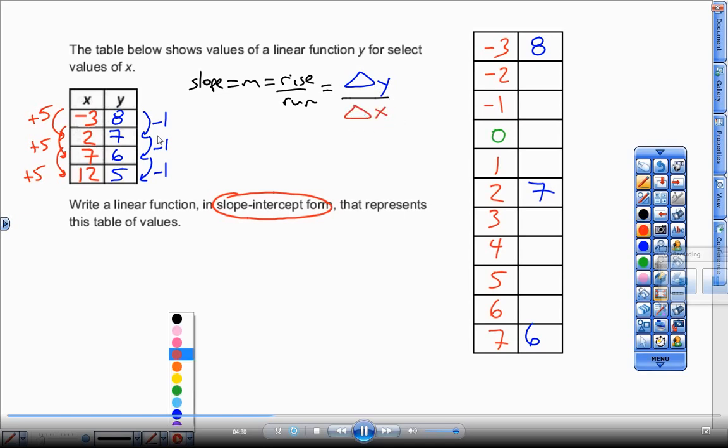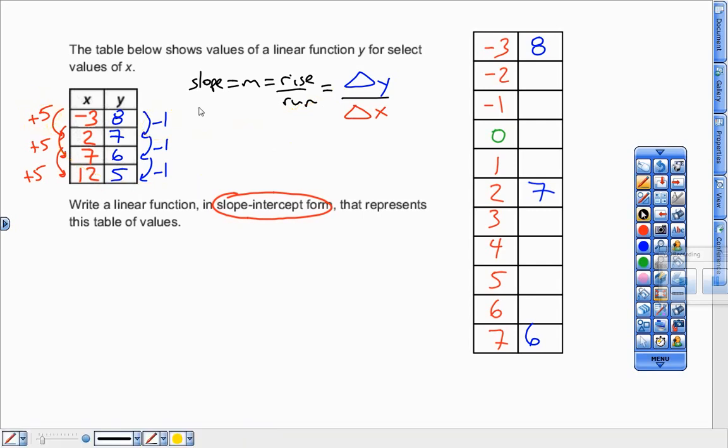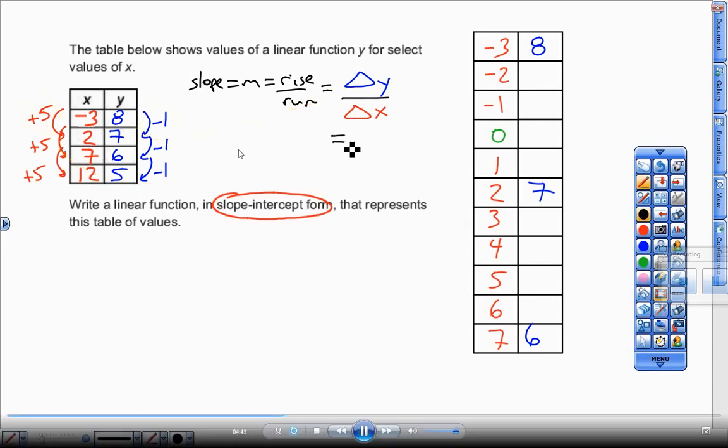If I put those numbers in, -1 up on top, that 5, that run number, on the bottom, it gives me a slope of -1 over 5, which means if I was to graph it, every time I go over 5 boxes to the right, down 1, 5 right, down 1, negative slope straight line. That is half my answer.